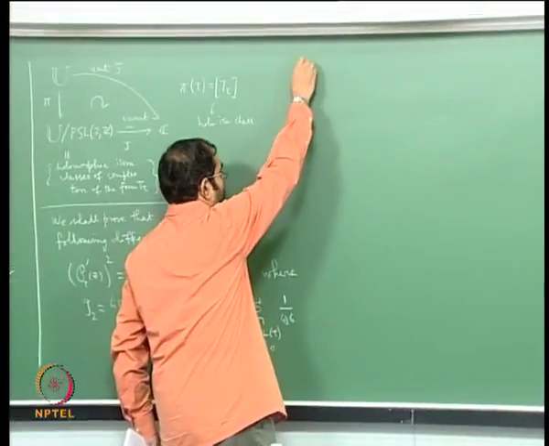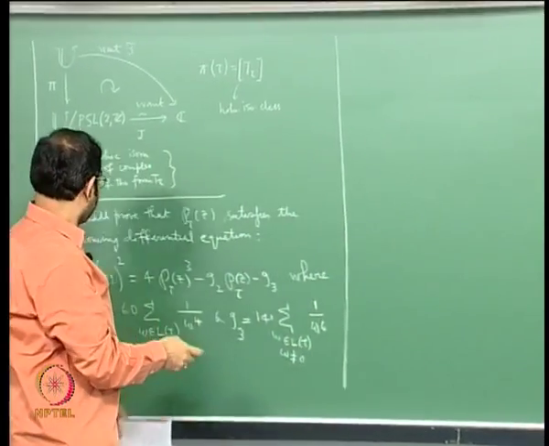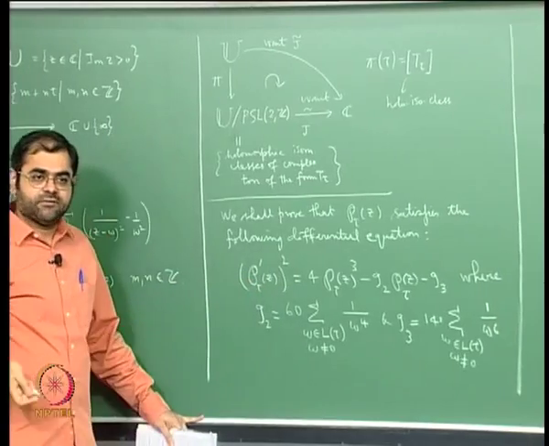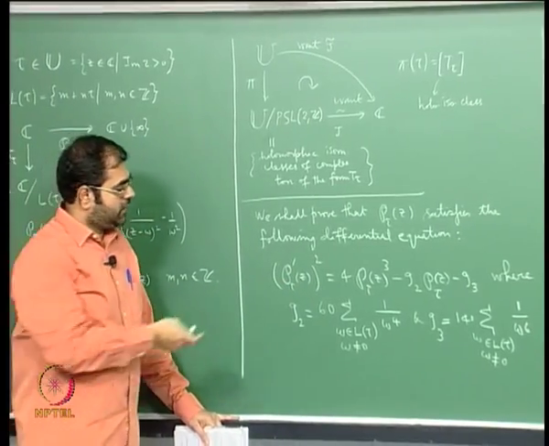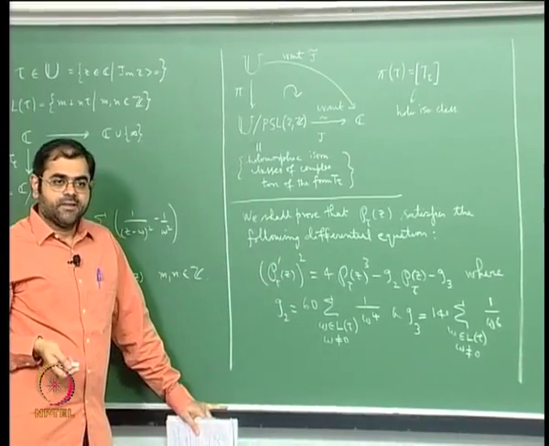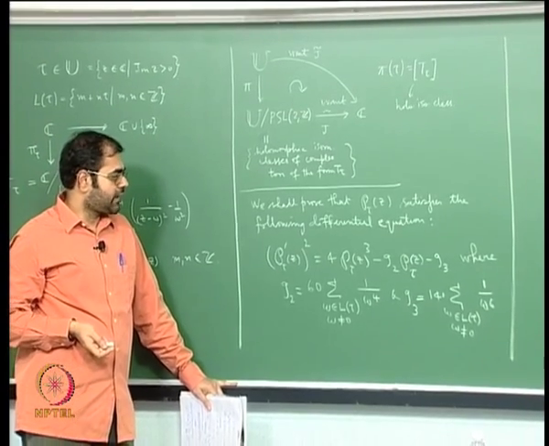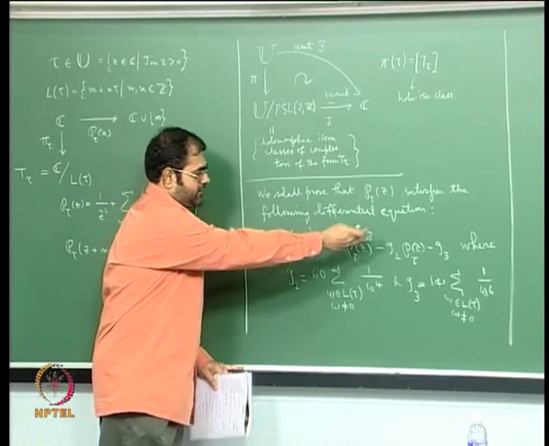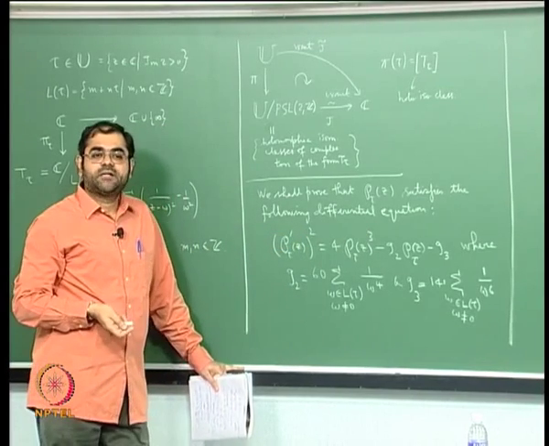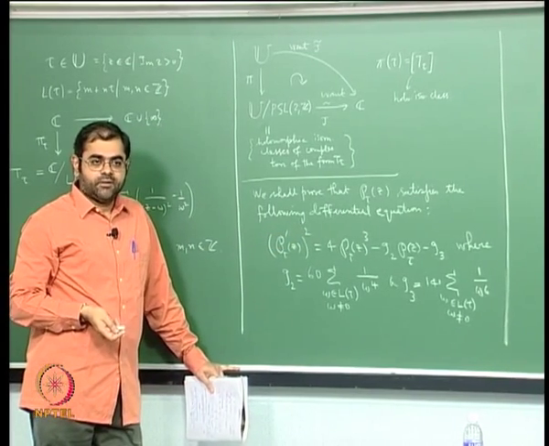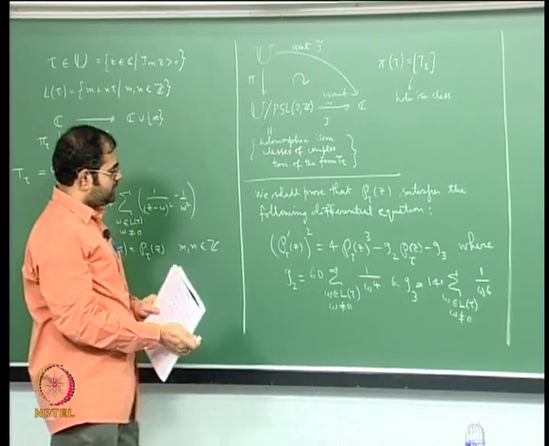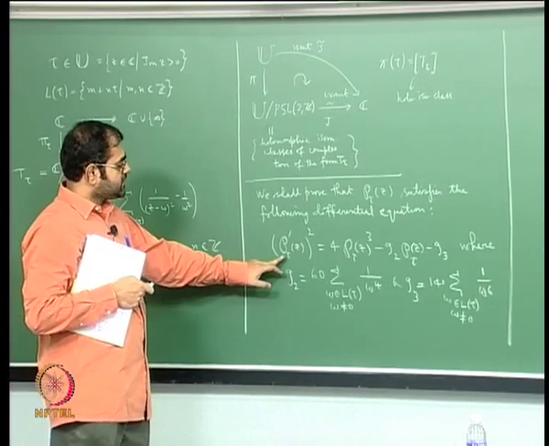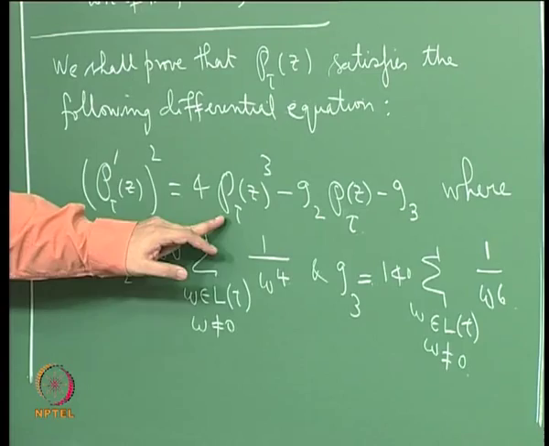So let me try to explain how we prove this differential equation. The key to proving it is to look at the Laurent expansion at the origin of the Weierstrass phi function.